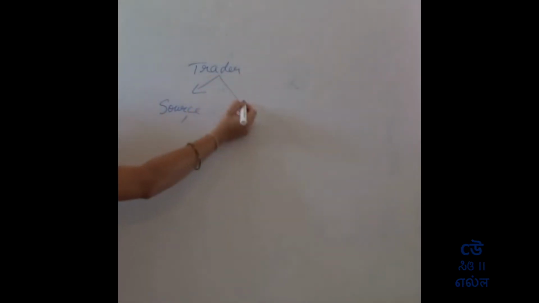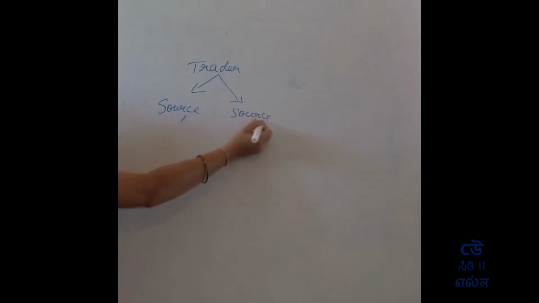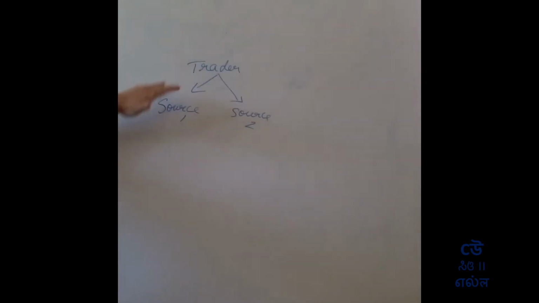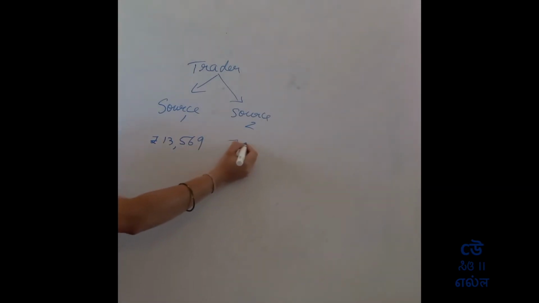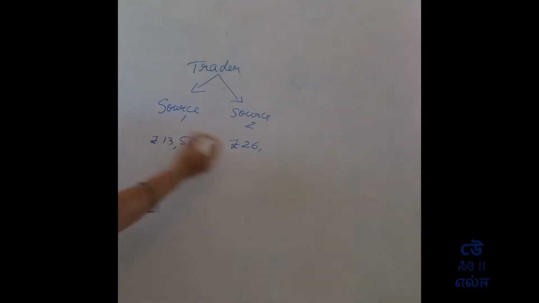So we have a trader, he wants to receive money from these two sources. The money he wants to receive from the first source is rupees 13,569. Next, from another source, he wants to receive 26,785. Okay.